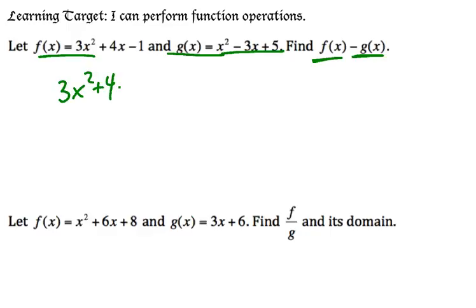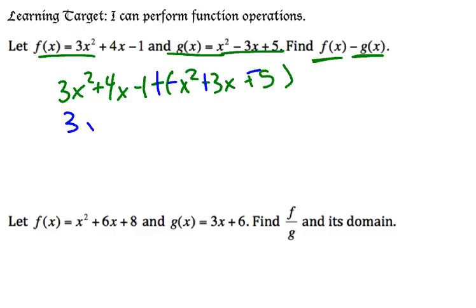Right after the first function, 3x squared plus 4x minus 1, when you subtract that g of x function, the whole thing needs to go into parentheses. So you're subtracting the whole thing. Otherwise, you may only take the opposite value of x squared rather than distributing the negative. So right away, the first thing I do is distribute that negative through.